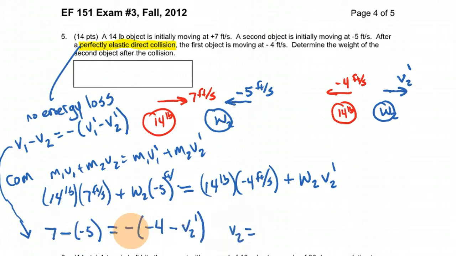It's going to be equal to, looks like 7 plus 5 is 12. This is a positive 4 on this side, so it's going to be 8. I'm going to double check that.